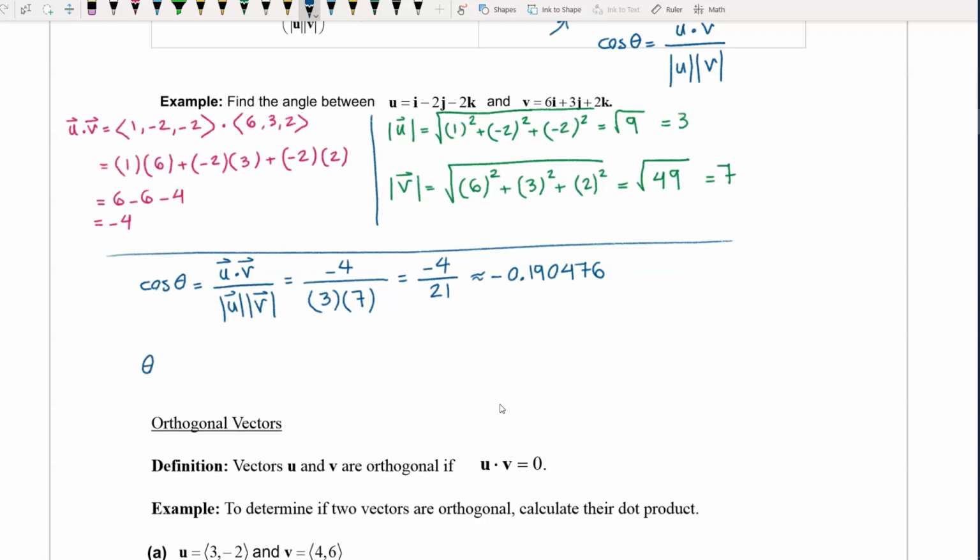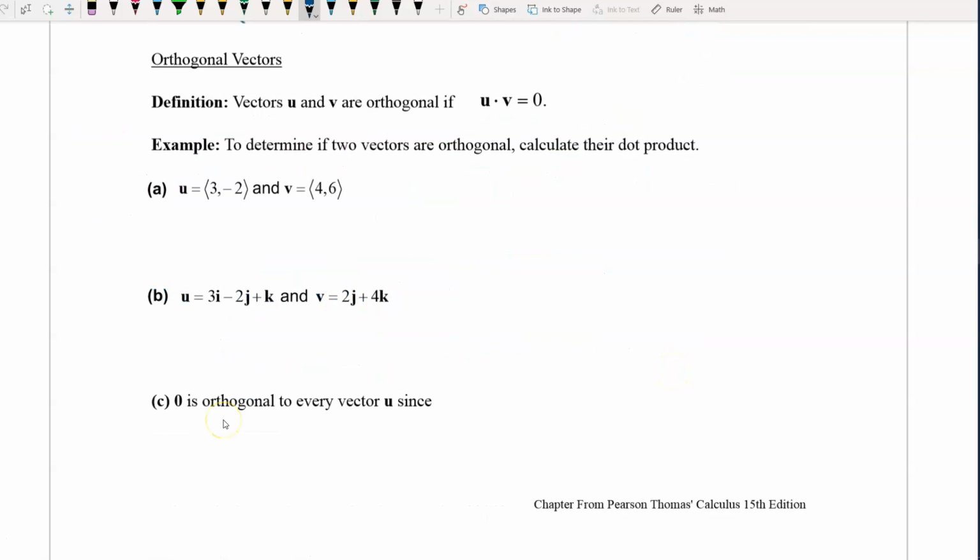Now finding theta, this is equal to arccosine of this number, and that is approximately equal to 1.76 radians, or 100.98 degrees.